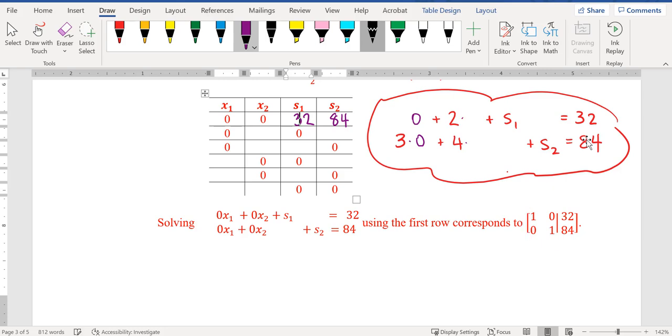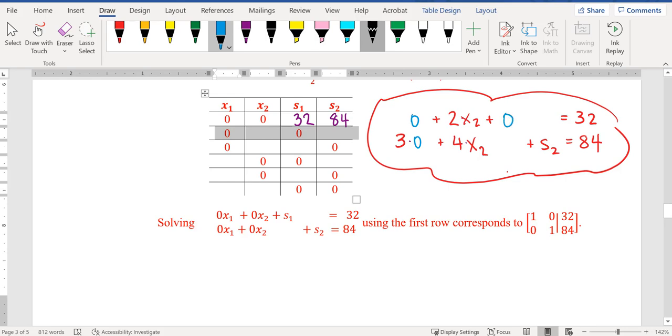Now, using the second row, let's go back to our original system, x1, 3x1, 2x2, 4x2. This time, we're going to let x1 be 0 and s1 be 0.